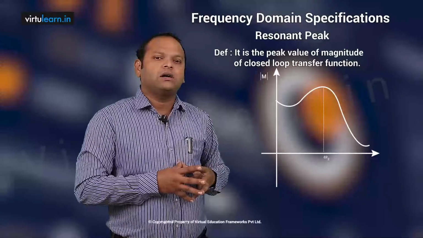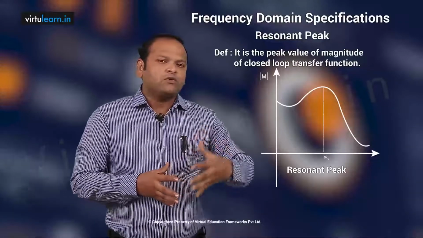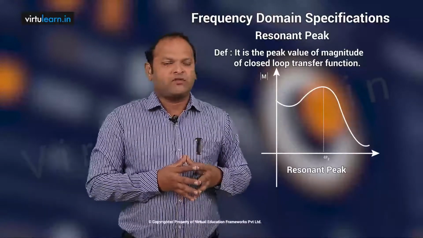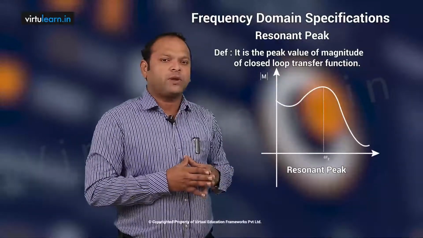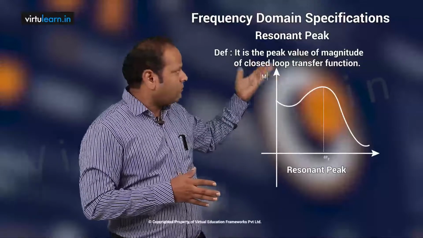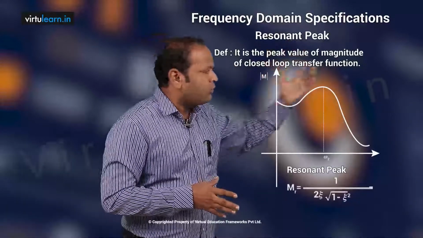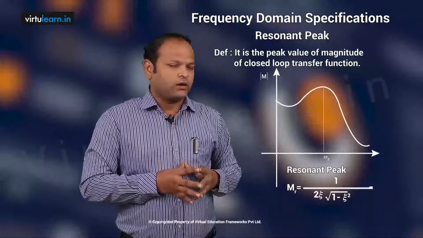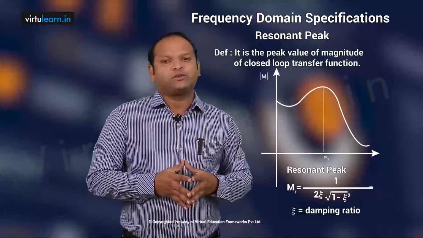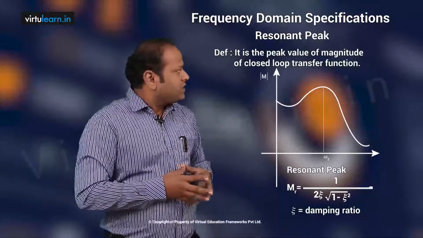That peak is the resonant peak. For any second order system, we can derive the resonant peak, and it can be written as Mr equals 1 over 2 zeta under root 1 minus zeta square. Zeta is the damping ratio of the second order system.